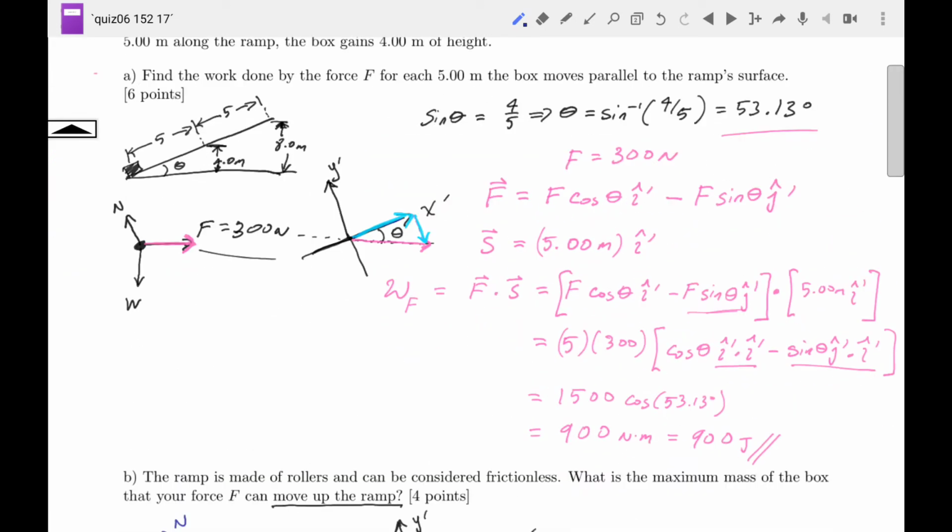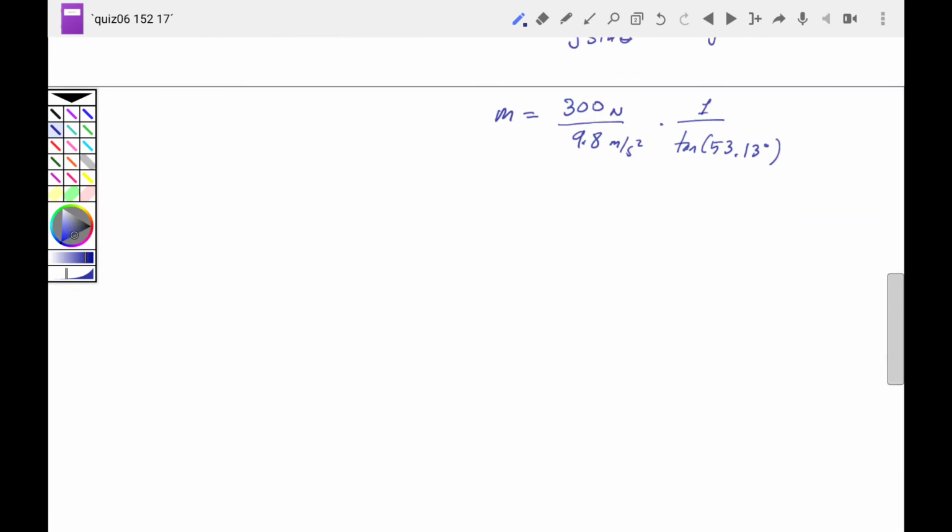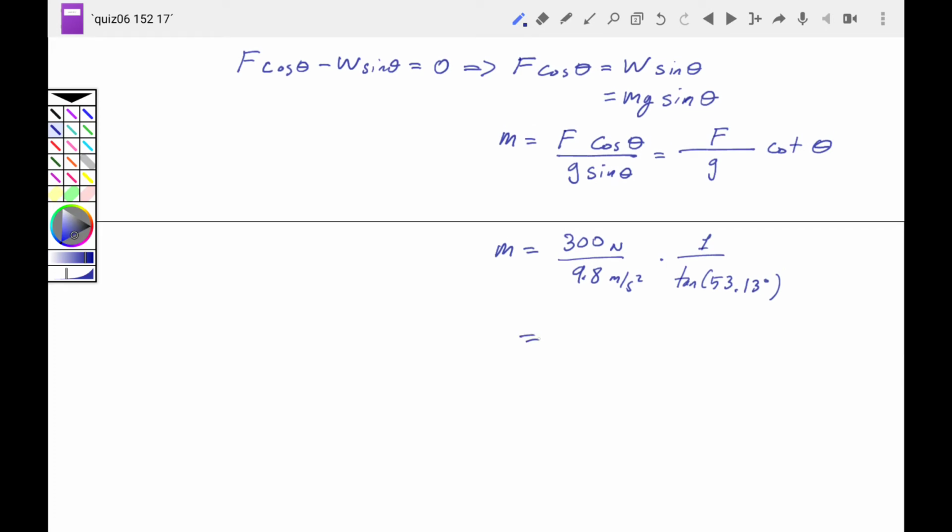Yeah. So 300 divided by 9.8 divided by tangent of 53.13 equals, I get 22.959. So 23.0 kilograms.